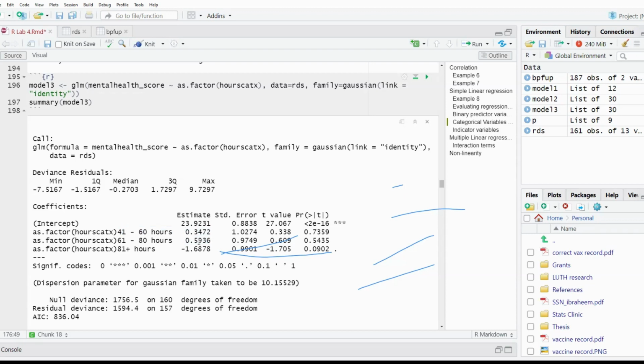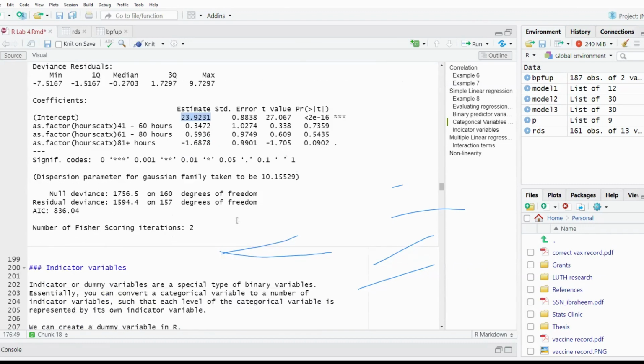Similarly, 0.59 is a change too for the people in this category. Yes, compared to what? Compared to the reference group. Very good. It is always important to remember what it is compared to. And the same thing for this group, compared to the reference group. Okay, excellent. You guys are doing very good.